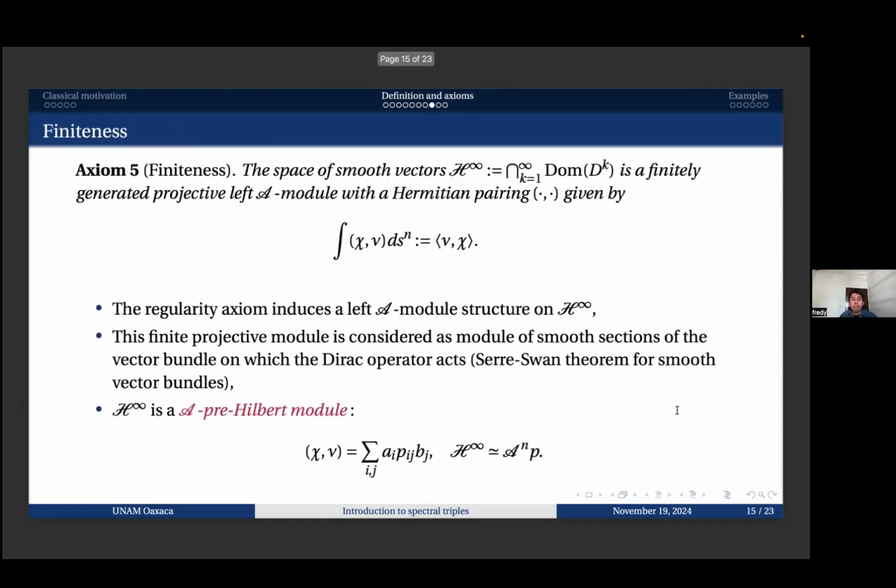So the finiteness is about the property of the smooth vectors.